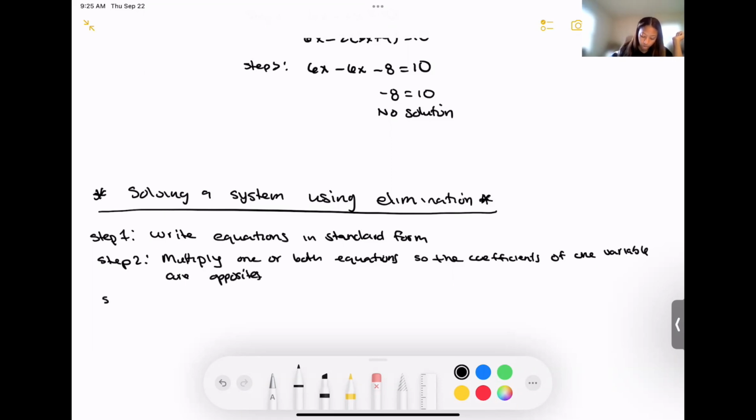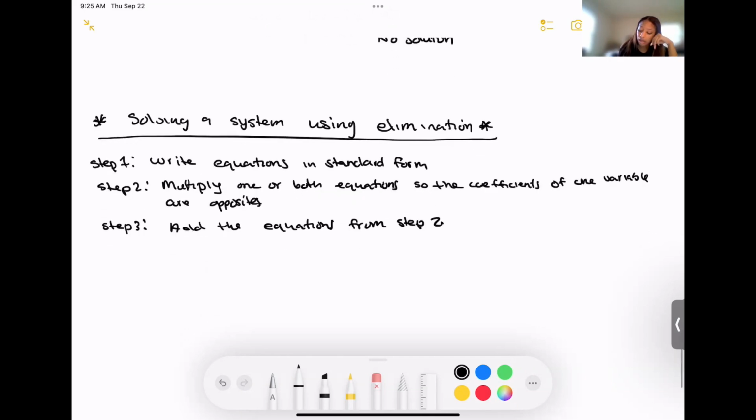Step 3: once you have one of the variables having opposite coefficients, add the equations together. When you do this, one of the variables, the one with the opposite coefficients, will be eliminated.